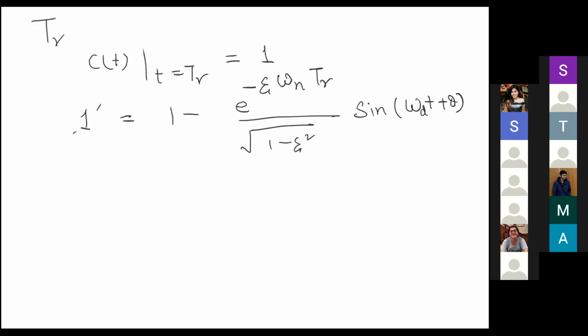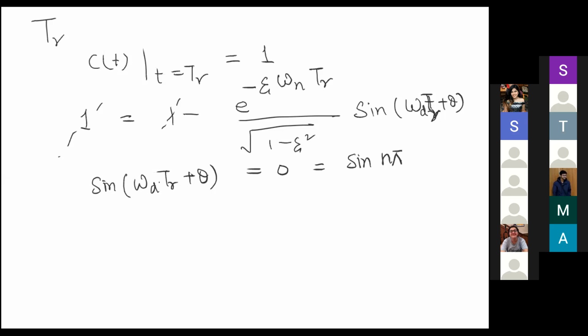So 1 will cancel out, and this is also going to be divided. So now it will become sine of omega d Tr plus theta is equivalent to 0, which is nothing but sine of n pi.